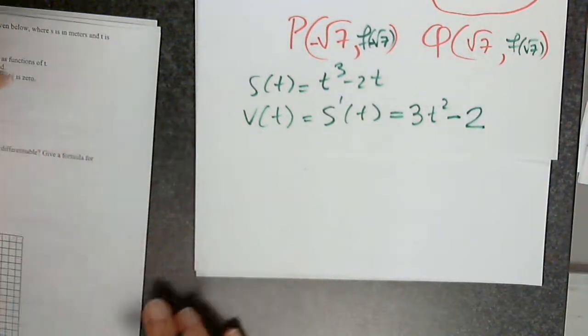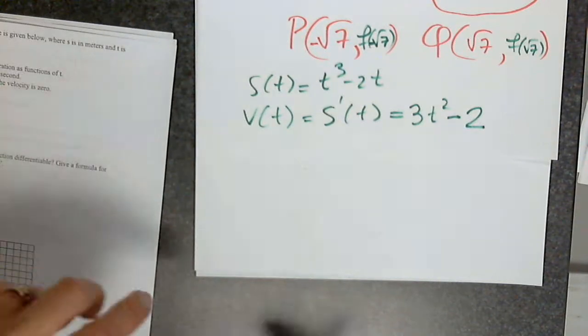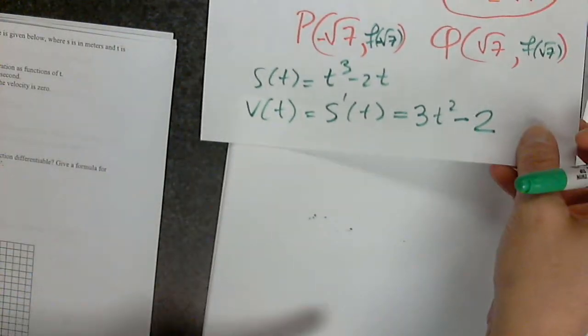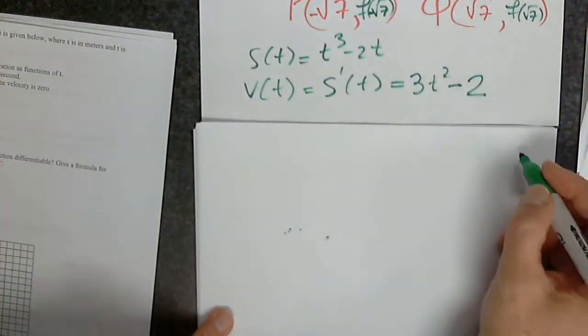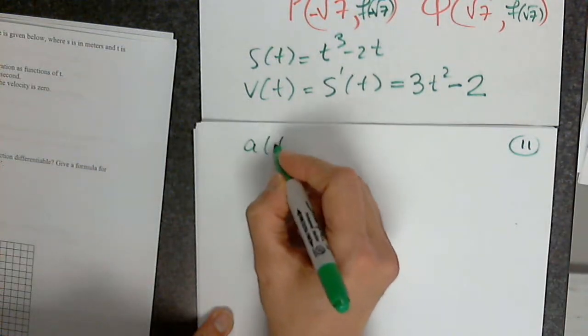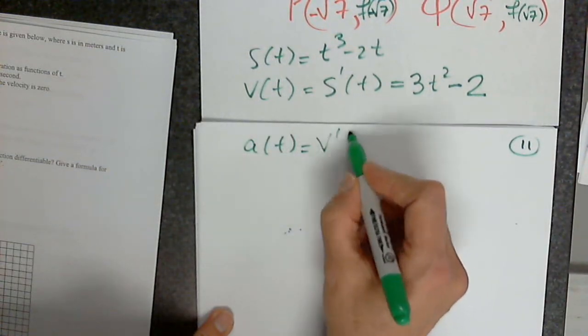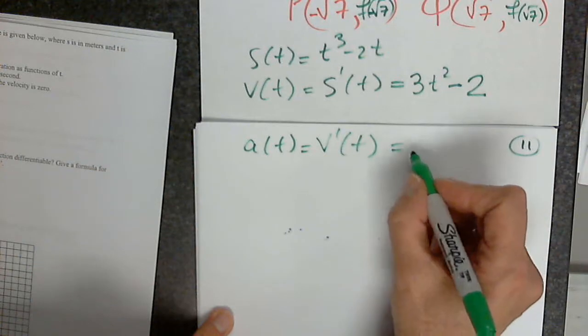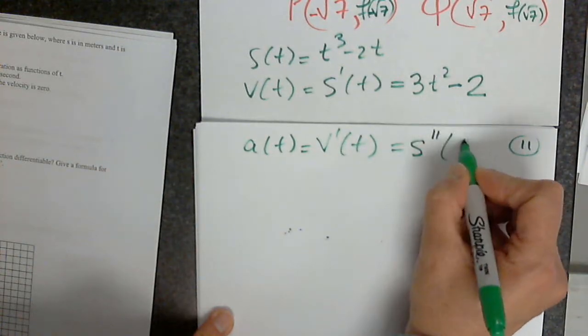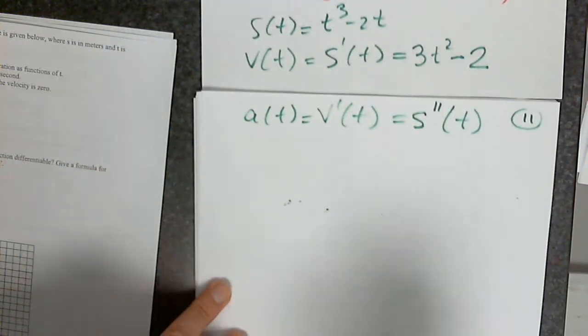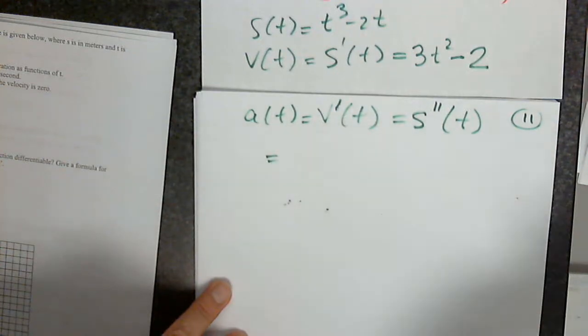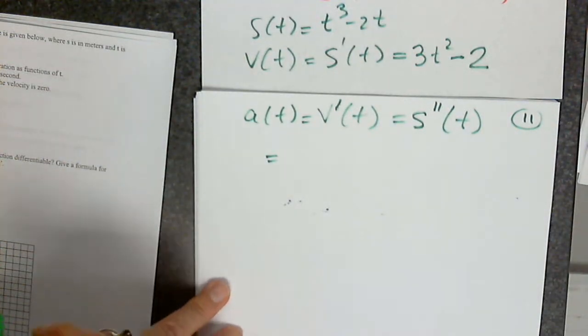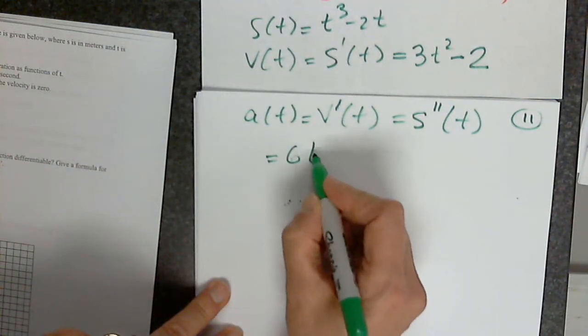Very good. Now I'm asked to find the acceleration. Very good. The acceleration is v prime of t or s double prime of t. But since I have the velocity already, what will be the acceleration function of t? Very good.